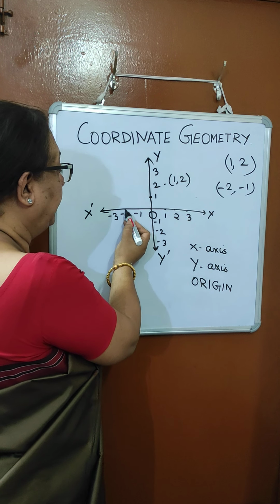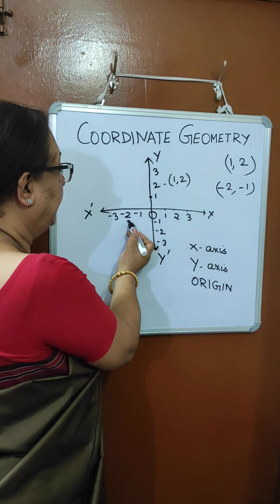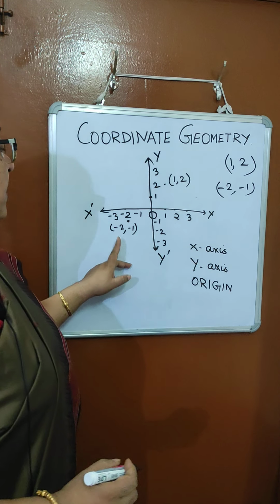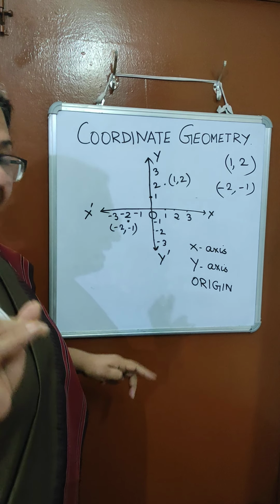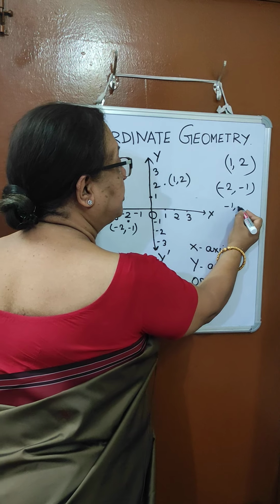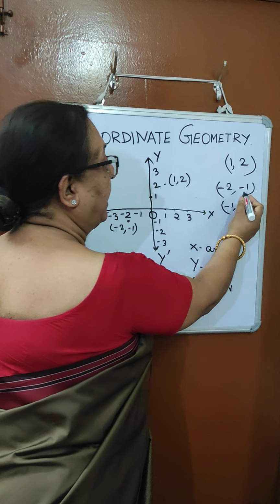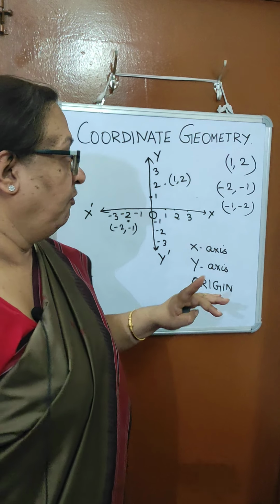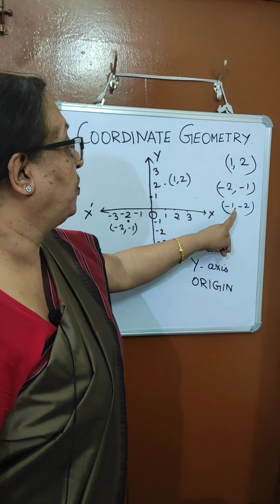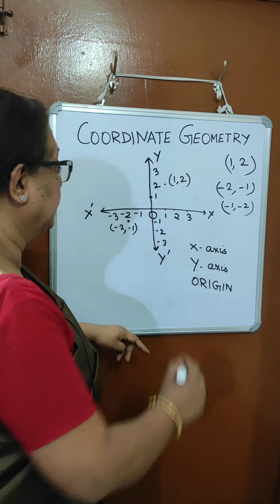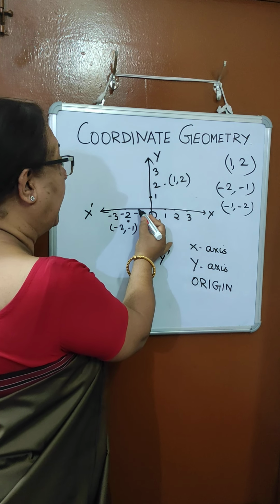So -1 we go down, we get this point. -2, -1. Now again children, be careful. -2, -1, and if I reverse the order, -1, -2, these two are not same. Why? Let's find out where will this point be. -1, -2. So -1 on the x-axis here and -2.